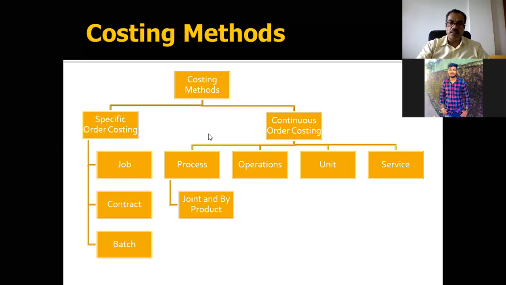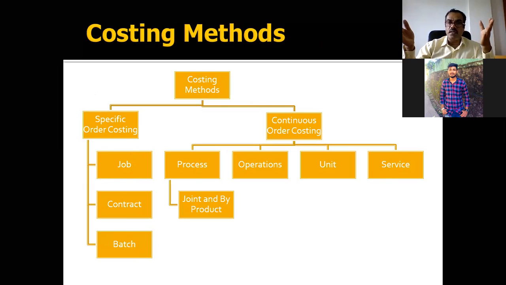Then costing methods. Main methods: continuous and specific. And in textbooks, these are the common ways of classifying, but other than this, there could be different methods as well. Job means, as I just told you, a specific job. Contract: you sign a contract and then carry out the task. Therefore, it is a specific order.